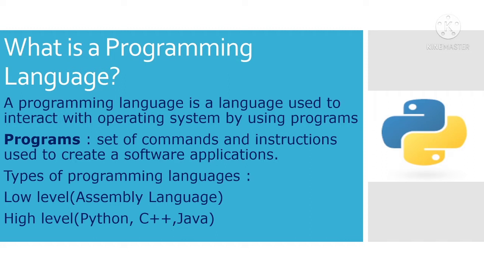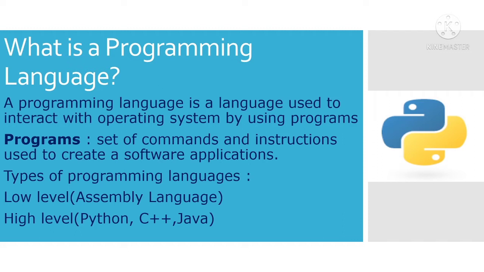In assembly language, we write code using mnemonics and abbreviated text. Writing code using these mnemonics and abbreviated text is difficult, so it is very hard to learn and use to create applications.